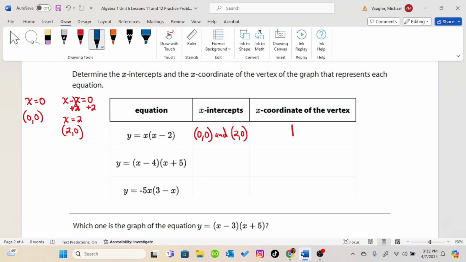On the second one, we set x minus 4 equal to 0, add 4 to both sides to eliminate it from the left, x equals 4, so the intercept is at (4, 0). Then we set x plus 5 equal to 0. Subtract 5 from both sides to eliminate it on the left. x equals negative 5.